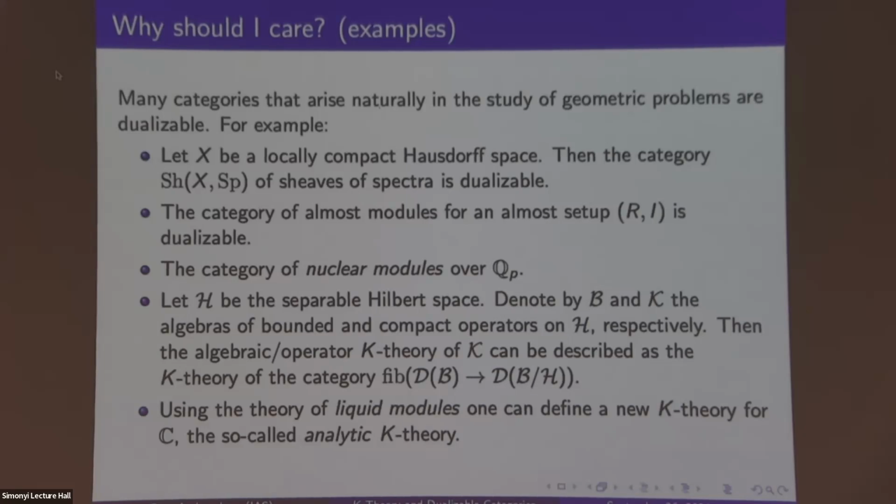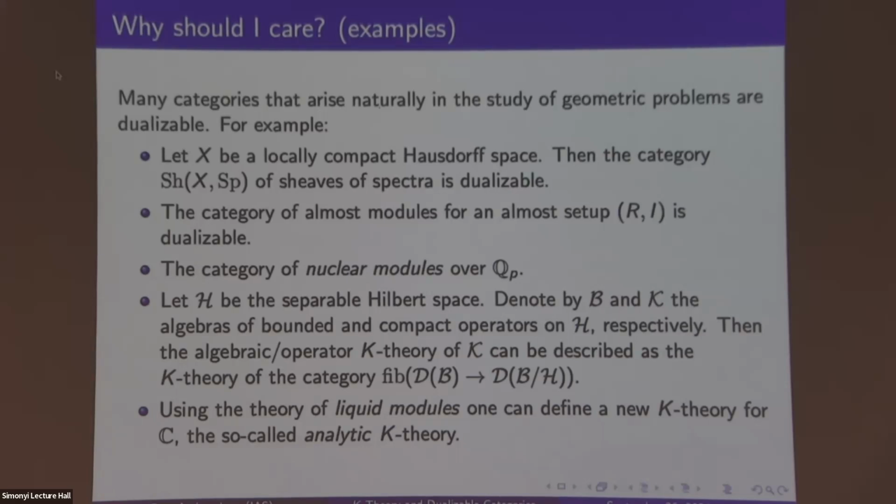Now let's go back to this C star example that I gave. So we can define the K-theory of the algebra of compact operators on a Hilbert space H. I just explained that the point is you want to define it not just as some random construction in some field of mathematics.